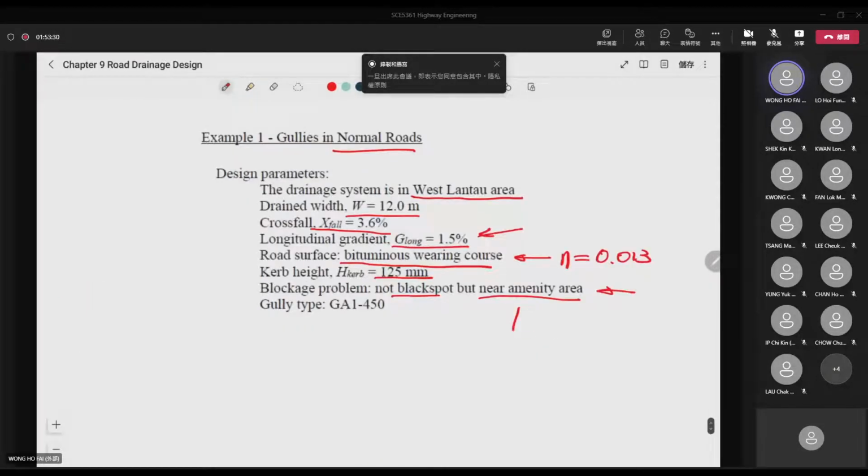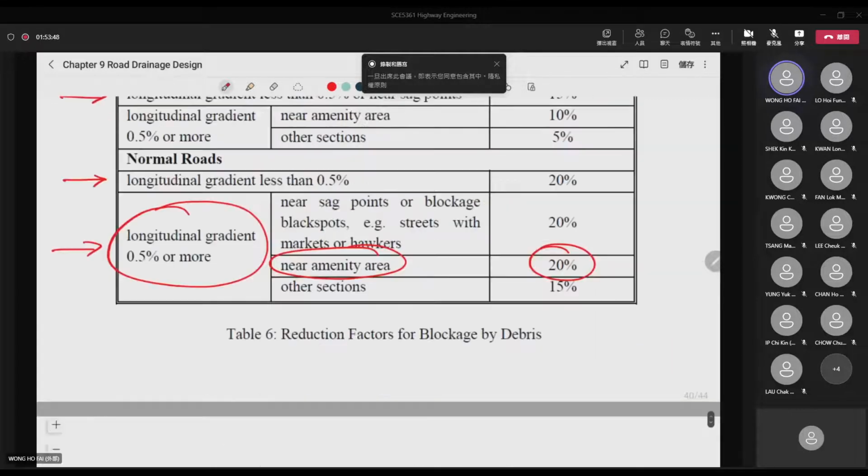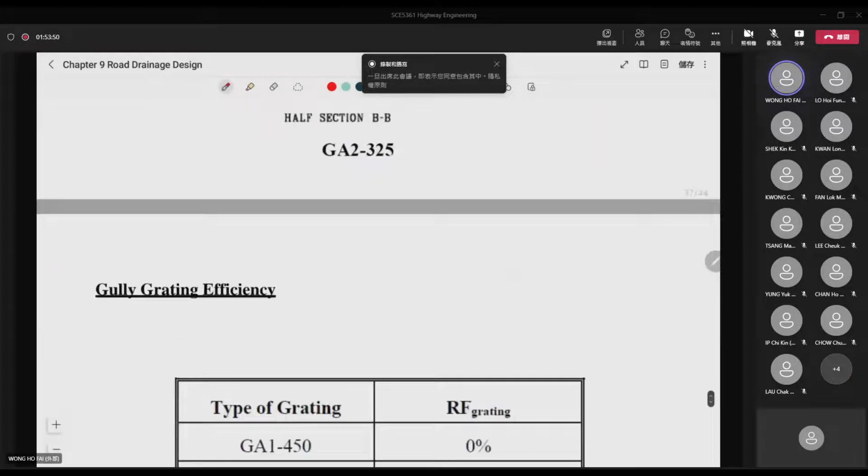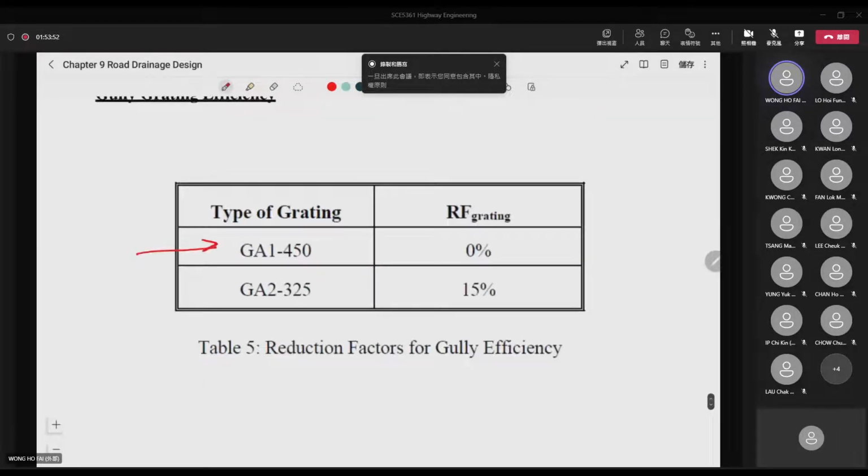So this one, the RF debris will be equal to 20%. Agree? So we will follow this kind of data and then to have our design. But for the gully type, actually GA1 450, so it depends on the pattern. We should have this one, and then the RF rating is 0%.